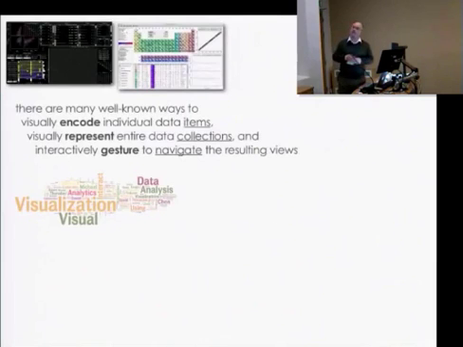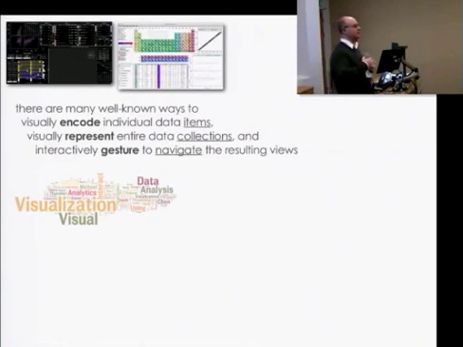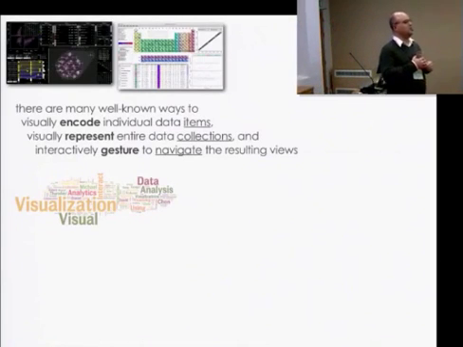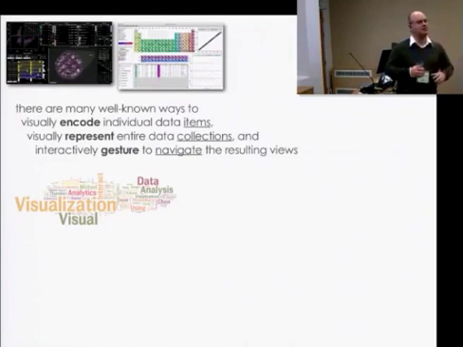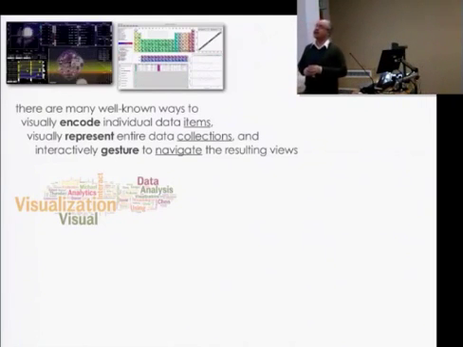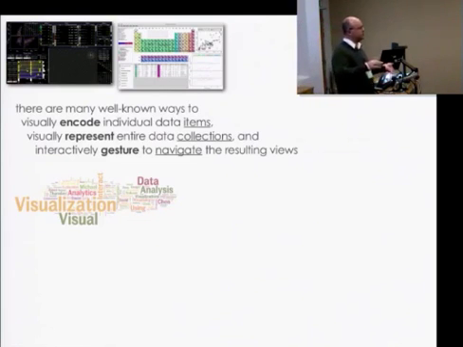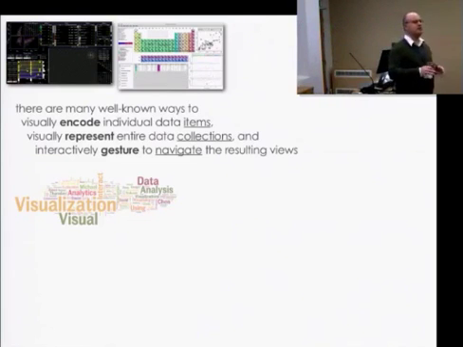So we have many ways to encode individual data items as position, size, color, shape, texture, length, angle. We start to get into more obscure ones that are harder to incorporate in a way that's actually readable. But we also have ways to visually represent entire data collections. We sometimes call these the visualizations. Sometimes we call them the views.